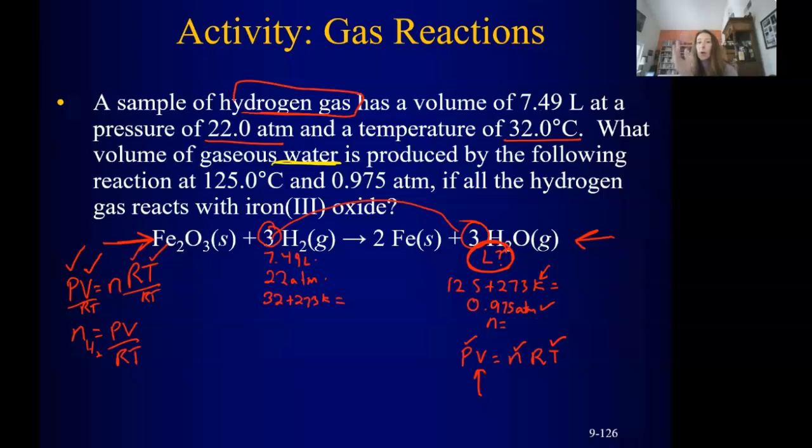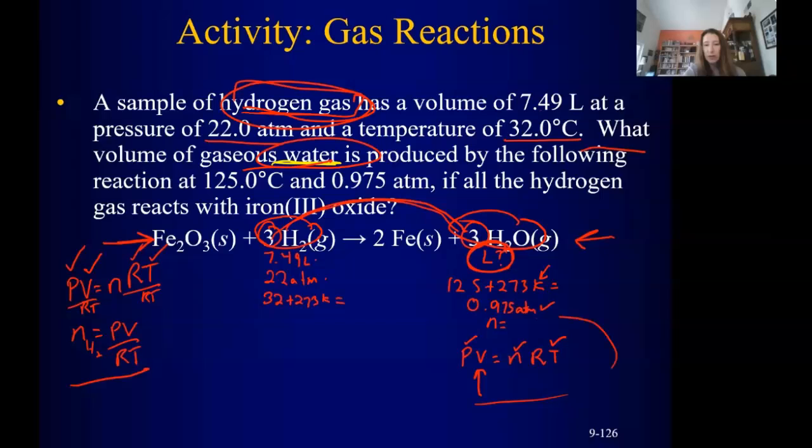How are we going to get to what we want? That's the key to these problems. Number one, we started with hydrogen gas, but they asked for the volume of water. So somehow we have to get to moles of hydrogen so we can convert to moles of water, right? That was our first hurdle. Figured out we could use PV equals nRT. Then we can convert from hydrogen to water, and then we use PV equals nRT to get to volume. Okay, so that's our plan.